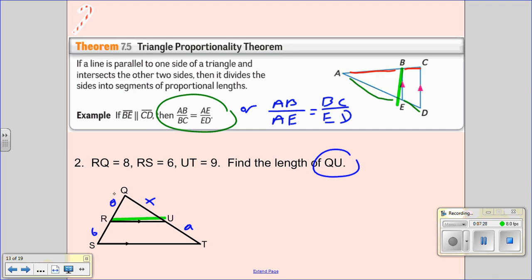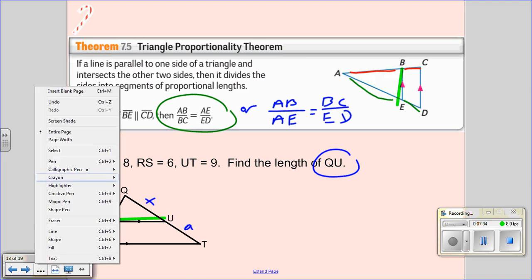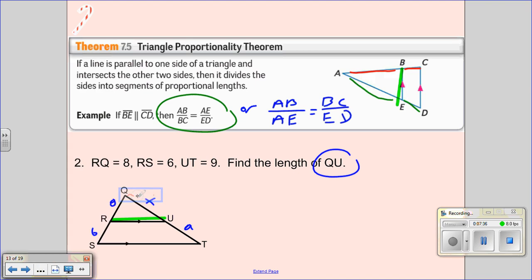So since we have all the proportional parts, we can set up our proportions. I could say QR is to RS as QU is to UT.